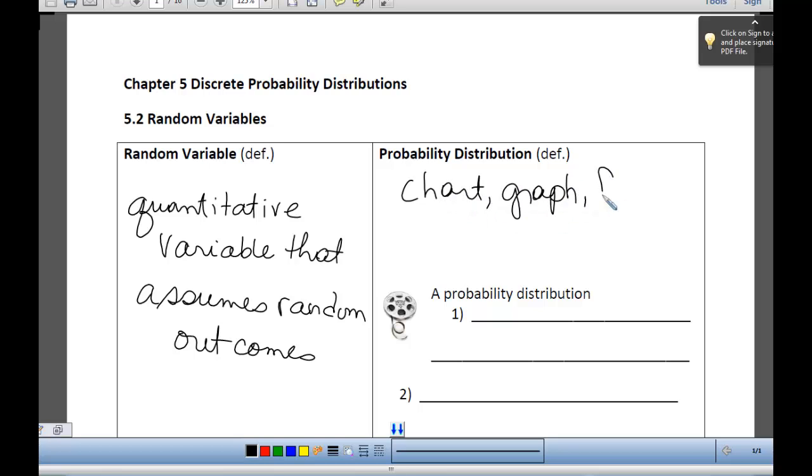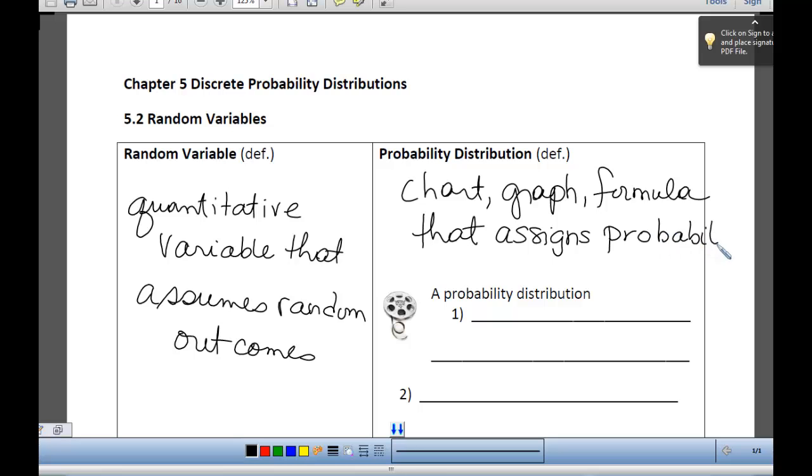We're going to see that it could be a formula that basically assigns probability to different outcomes. Okay, and it's calculated, not just some random assignment.